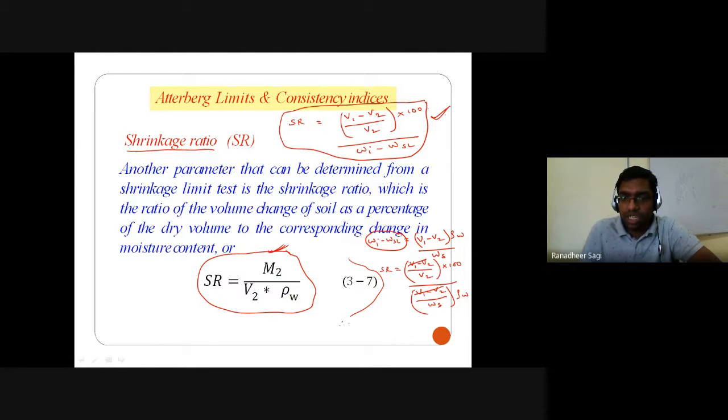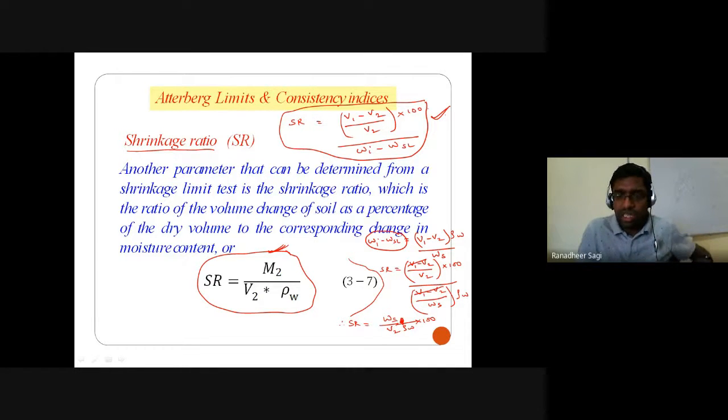Therefore your shrinkage ratio is what we can write as Ws goes to the numerator, so Ws divided by V2 into rho W in the denominator, into 100 in percentage if you are defining it.